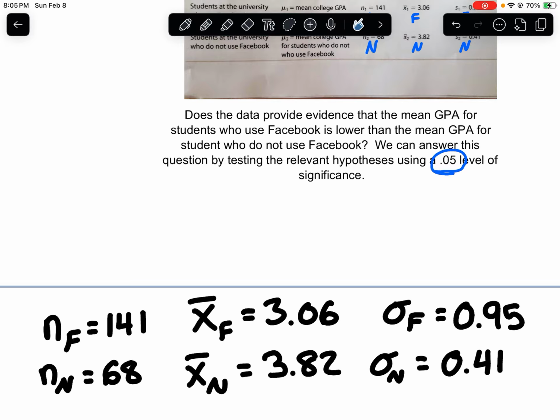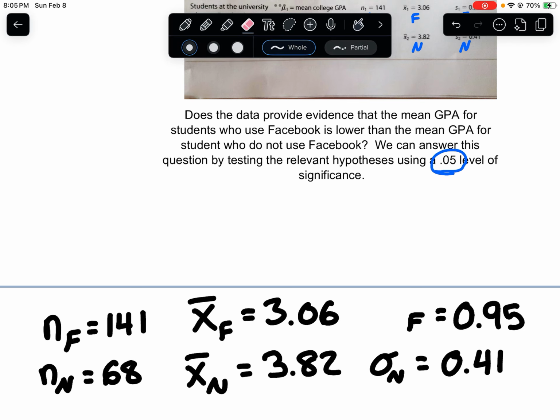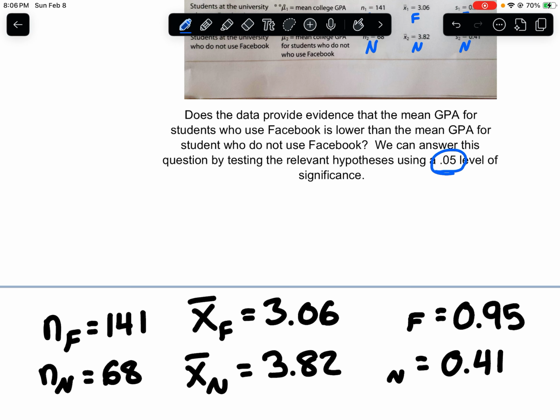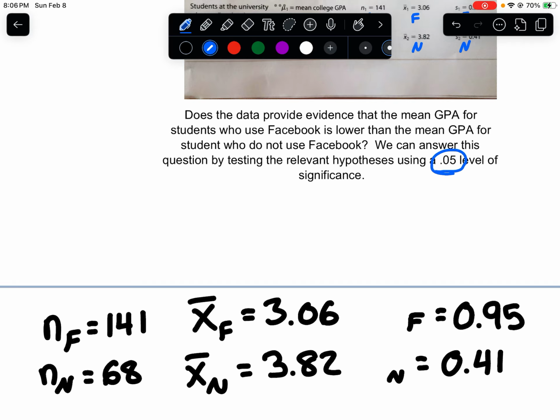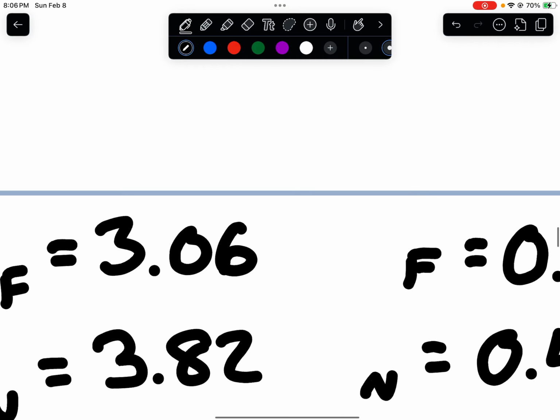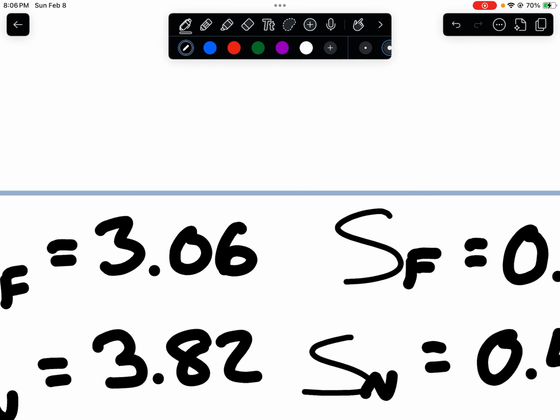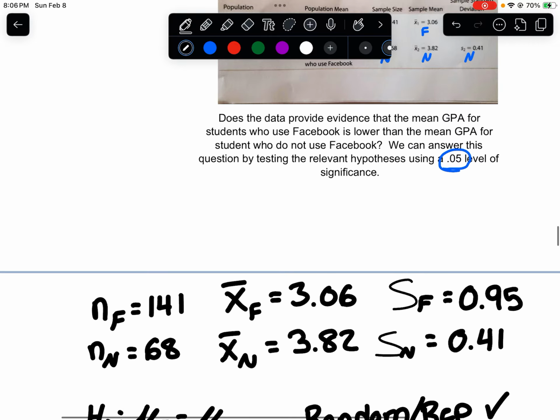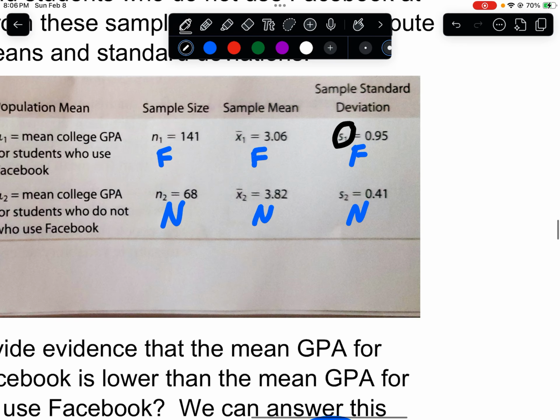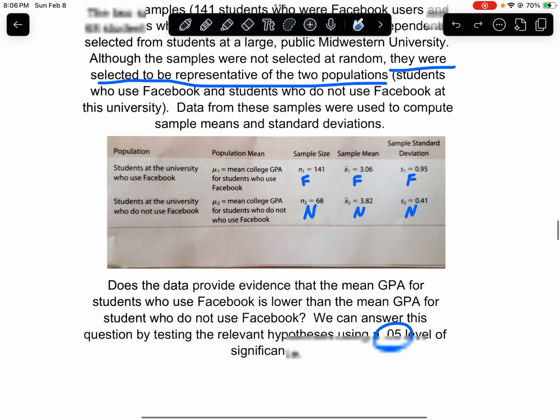So we got our sample sizes of 141 and 68, our averages, 3.06 and 3.82, and then our standard deviations. Maybe we should have put these as S_F and S_N, like they have here.